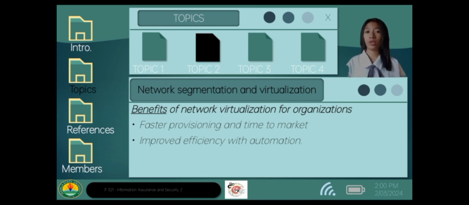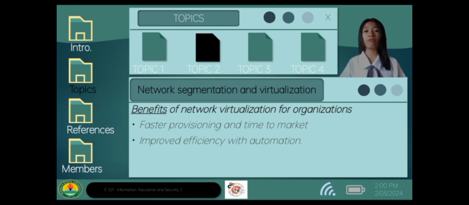Next, improved efficiency with automation. This allows IT professionals to automate various network tasks such as configuring network settings, adjusting resource allocation, and balancing network loads. This automation speeds up these processes, making the network more efficient and agile.